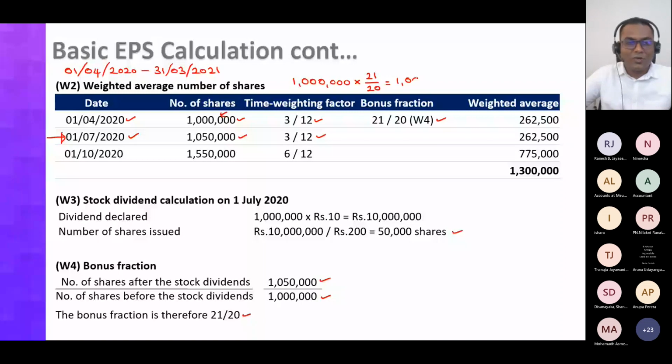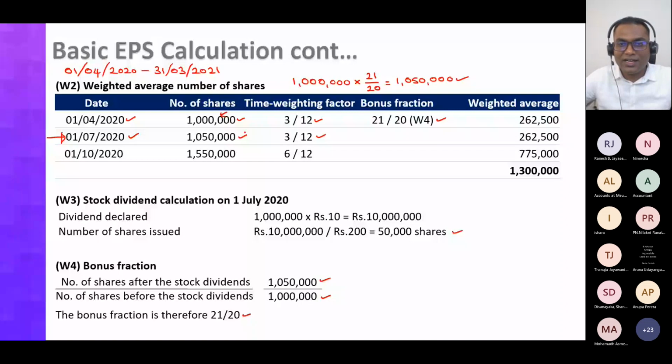You make this 1 million into 1,050,000. So even for the first 3 months, you take your number of shares at 1,050,000. Even the second 3 months, it is now what? 1,050,000. Did you understand my point?